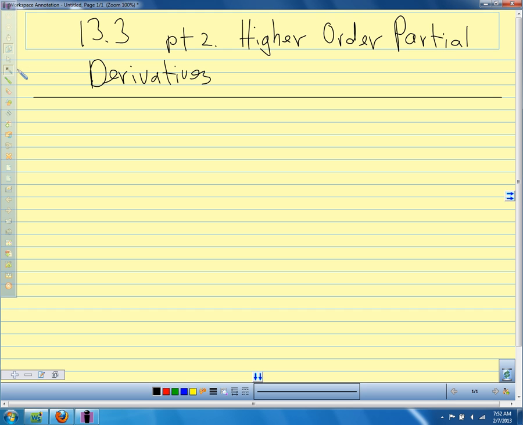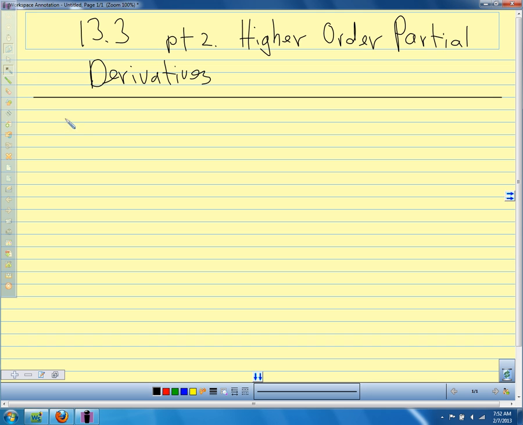So a function of x and y will have a first partial derivative with respect to x and y, and then it will have second partial derivatives with respect to x and y of each of those, and so on, depending on how many derivatives you want to take.